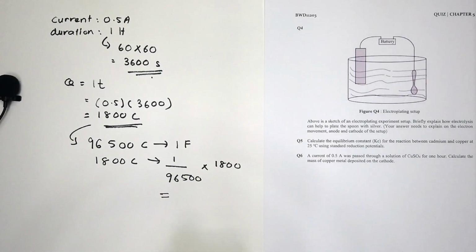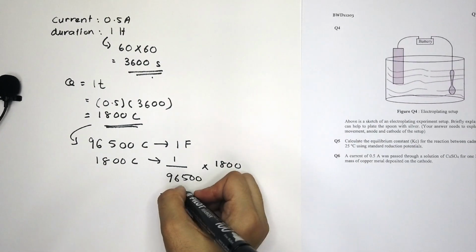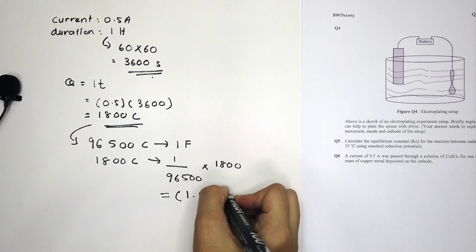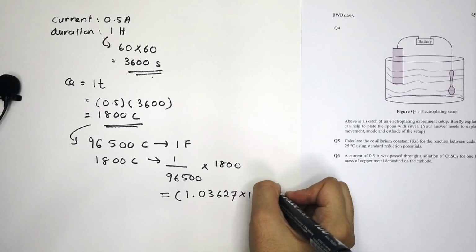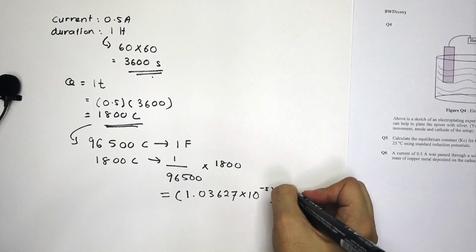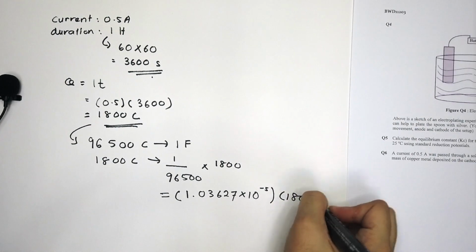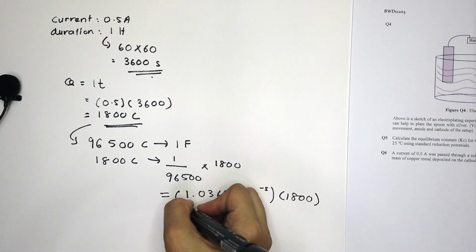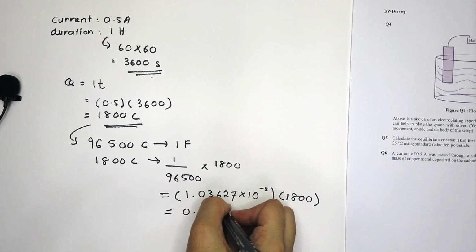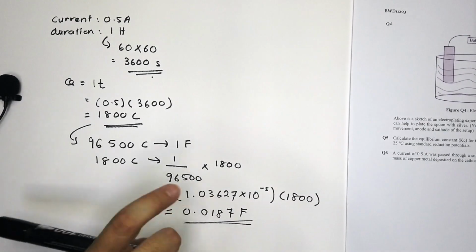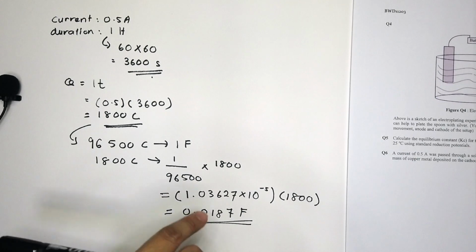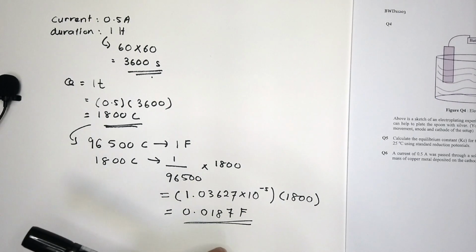So you should get 1.03627 times 10 to the power of -5 times 1,800. So you should get 0.0187 Faraday. Okay, this is the first part of how you should answer this question.